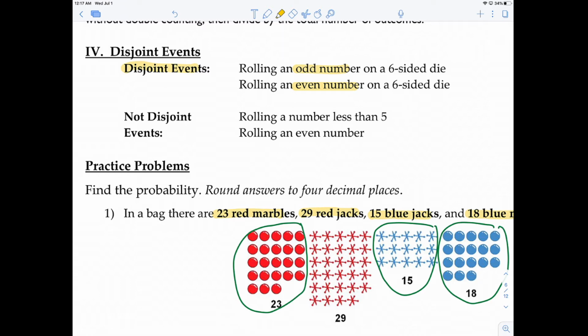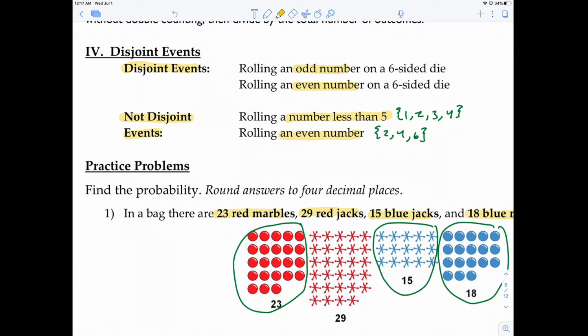Whereas the following are not disjoint events: rolling a number less than 5 and rolling an even number. Why is that? Because numbers less than 5 are 1, 2, 3, and 4, and numbers which are even are 2, 4, and 6. Those are not disjoint because they have an overlap.